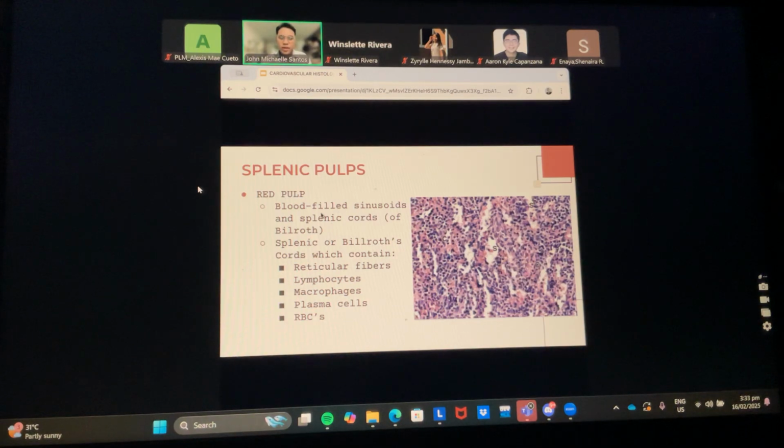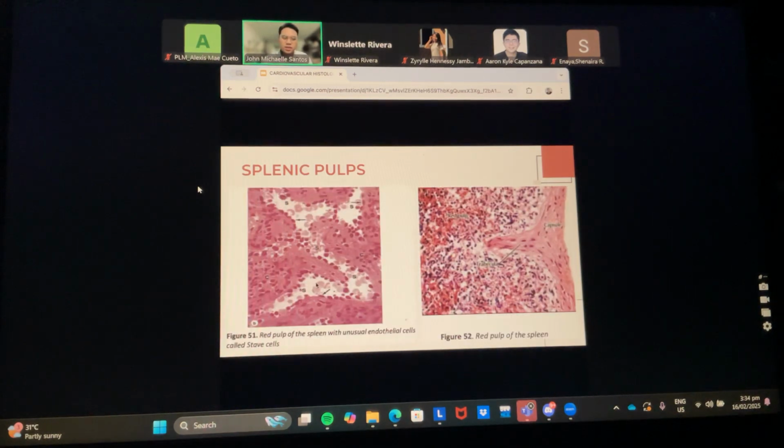And then again, your red pulp, it is blood-filled. Ayan. It is blood-filled, and you can see here the splenic cords of Billroth. Okay? The splenic cords of Billroth contains your reticular fibers, lymphocytes, macrophages, and your plasma cells, as well as your red blood cells.